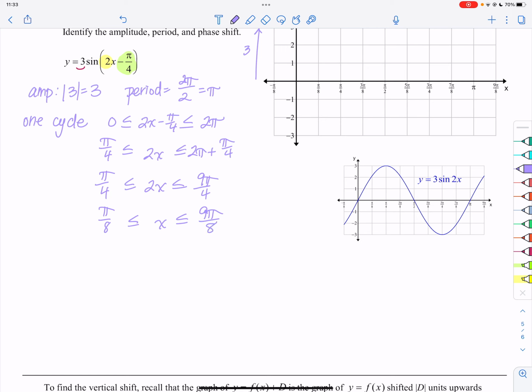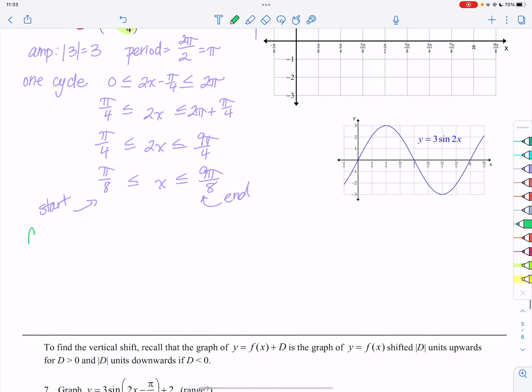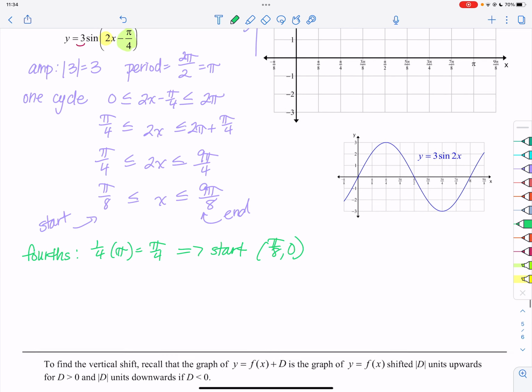And we have a starting point at pi over 8, and we have an end point at 9 pi over 8. Now we're going to take a fourth of pi, so our fourths: 1/4 of pi is equal to pi over 4. So where we're going to start is pi over 8, 0.